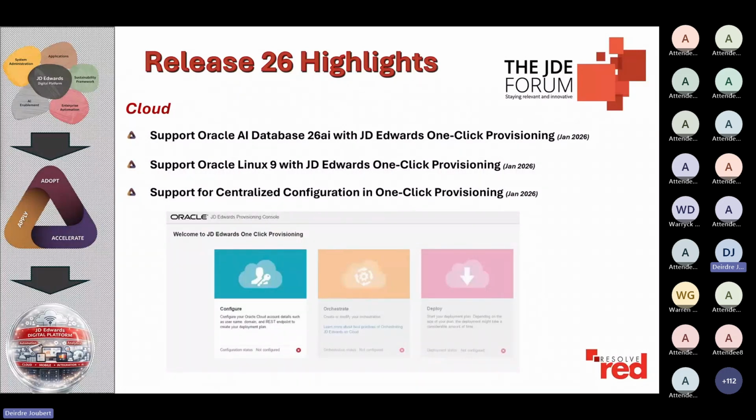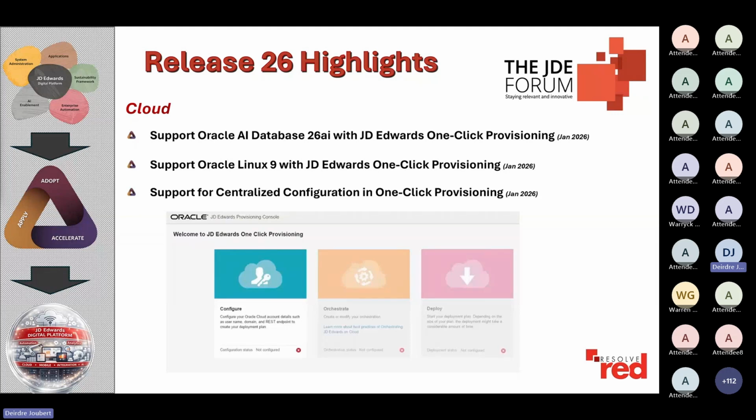In addition, the Jan update introduced support for Oracle Linux 9, and this allows us to take advantage of the latest Oracle Linux capabilities and enhancements. It is important to note that One-Click continues to align with the official JD Edwards certification matrix, meaning other certified operating systems, including Microsoft Windows environments, remain fully supported.